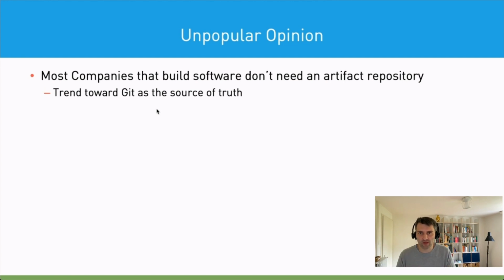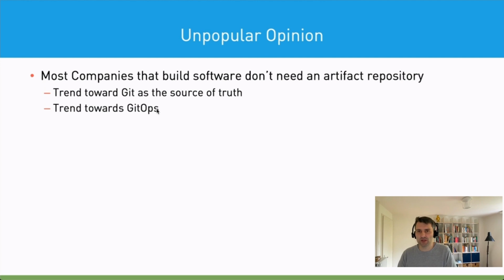We want to have everything as a source of truth. We have pipelines that can automatically build this specific software based on this hash and automatically deploy it. So there is no need to store some artifacts in a third place, because we can always rebuild things.